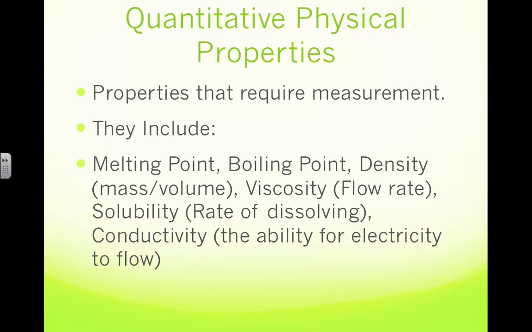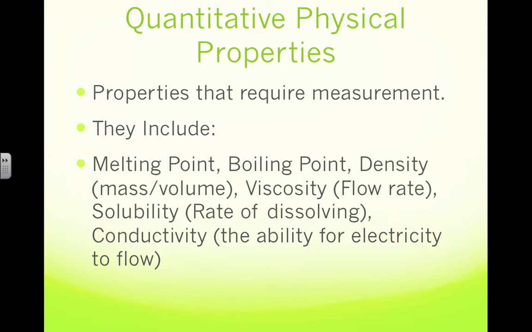Some examples include the substance's melting point, its boiling point, density, which is mass divided by volume, viscosity, looking at its flow rate, how fast or slow it flows, solubility, its rate of dissolving, and terms that go along with solubility, like solute, solvent, and soluble, and then conductivity, its ability for electricity to flow.